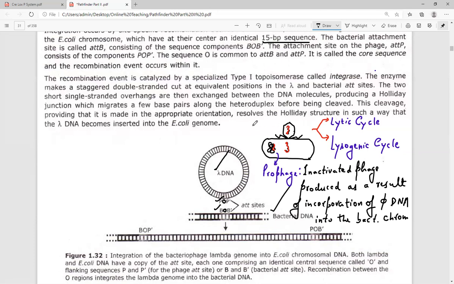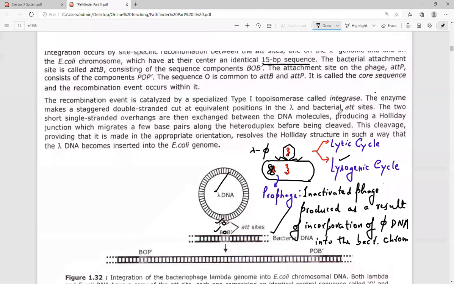Such integration will take place only in the case of the lysogenic cycle, because there is no integration in the lytic cycle. We will clear up the lytic cycle and the lysogenic cycle in great depth when we talk about the lambda phage operon in the lectures to come.